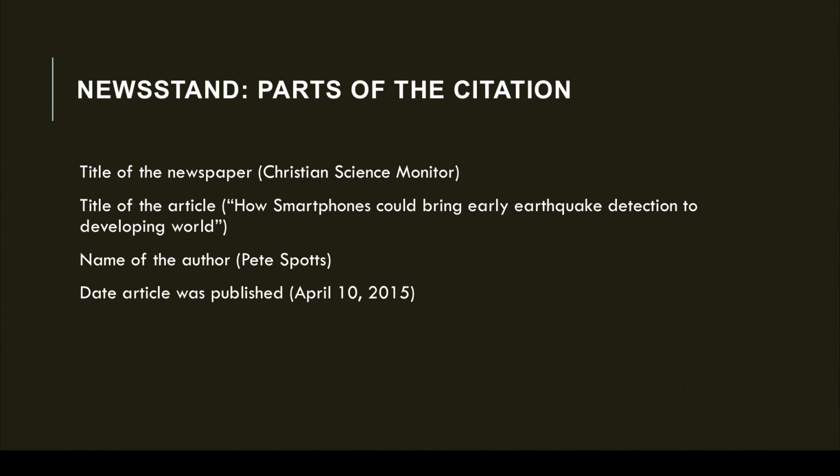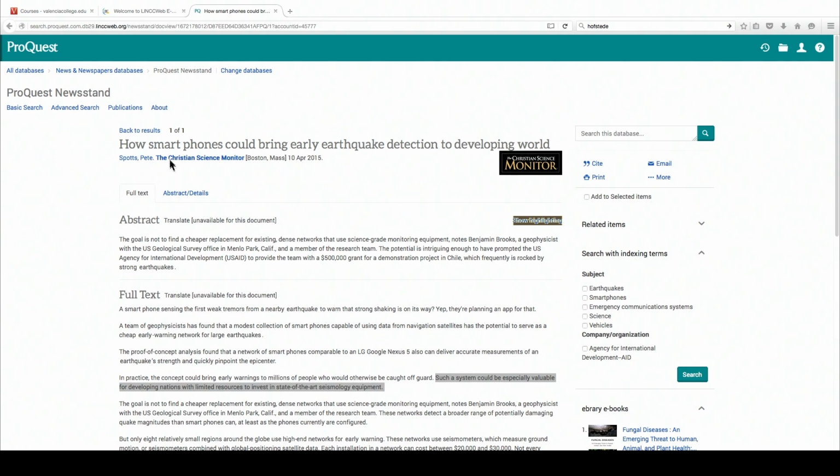So let's suppose that we want to use this highlighted information on a smartphone earthquake sensing system in our speech. Here's how this information would look in your speaker notes.